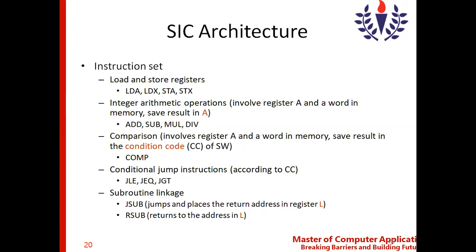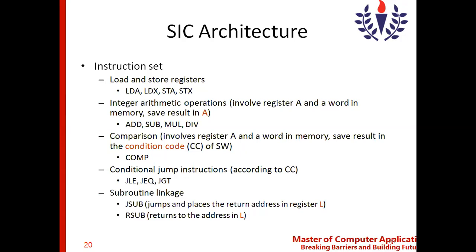They save the result in the condition code, which means that whatever is there in the accumulator and what is there in the memory, that is the symbol, both will be compared, and the result, say for example, whether A is less than the symbol, A is greater than the symbol, or A is equal to the symbol, that value will be stored in the condition code. Based on which it will be decided whether it has to do the jumping instruction.